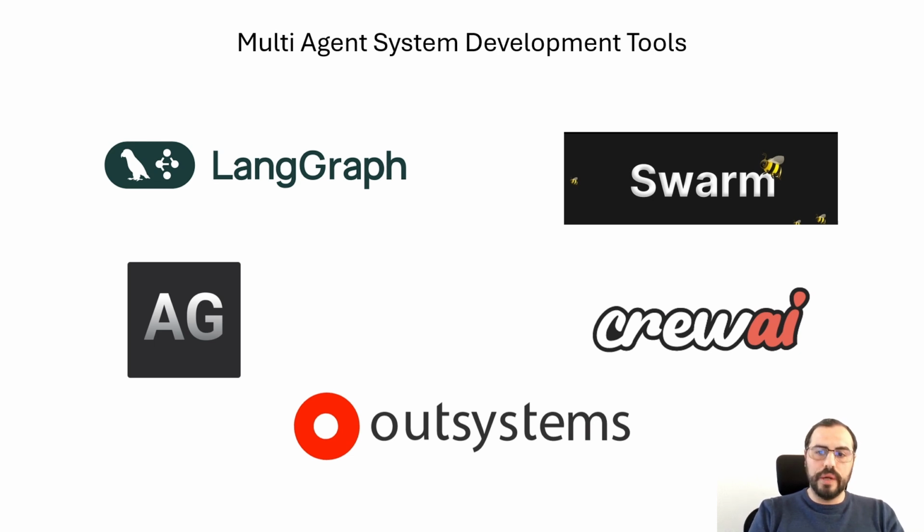Then you have CrewAI, and from Microsoft you have AutoGen. Those four tools can be used to create multi-agent systems. Each one of them has its own way of doing things. Some give more freedom than others, but those are some of the tools that exist on the market. Of course, there are others.